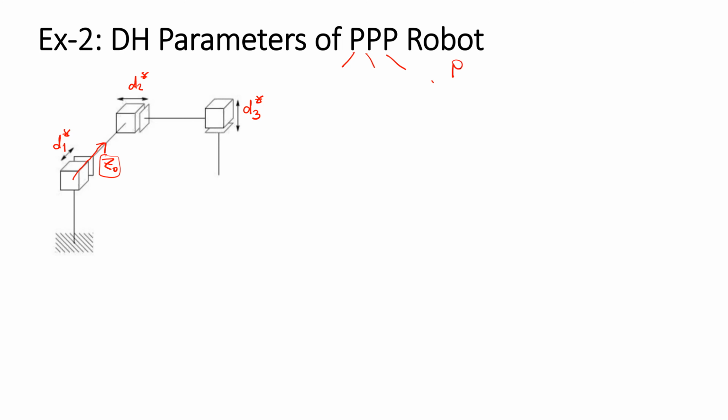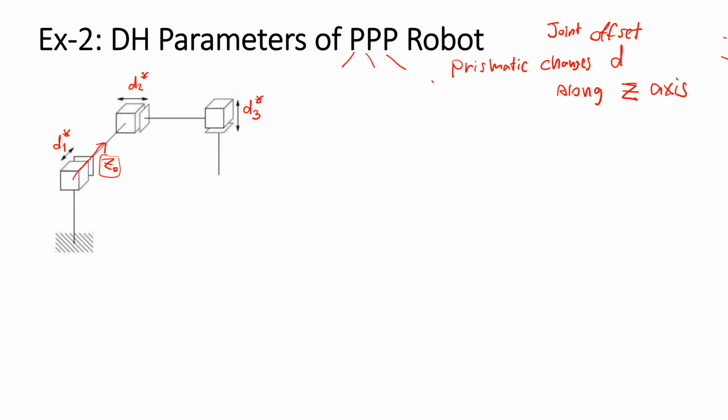Prismatic changes the offset, changes the joint offset along the Z axis.